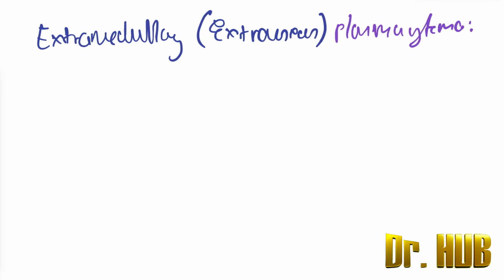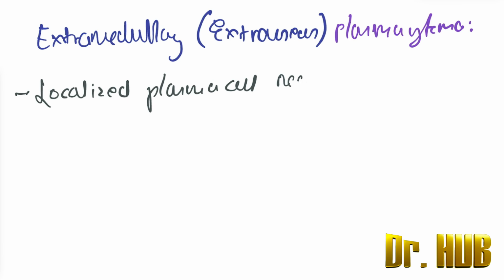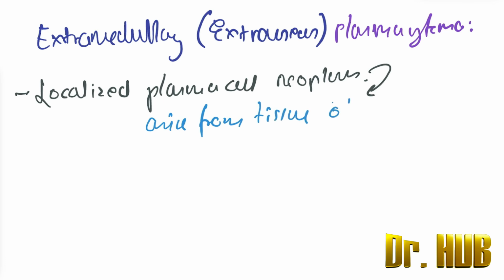So this includes the localized plasma cell neoplasms, and they arise in tissues other than the bone.